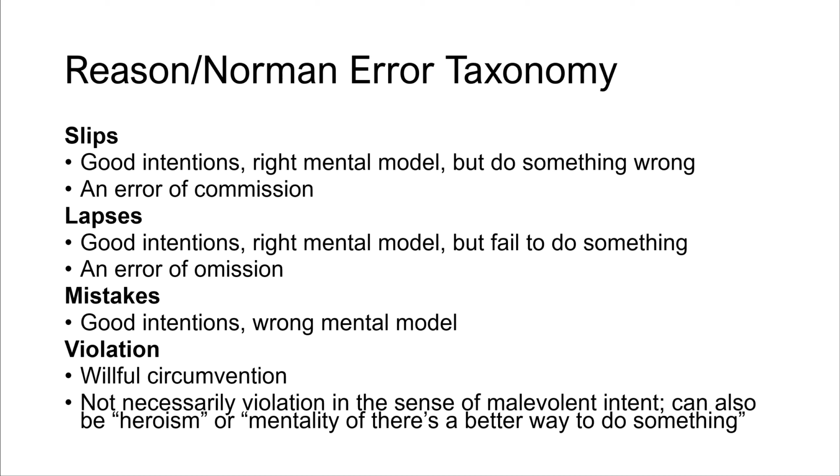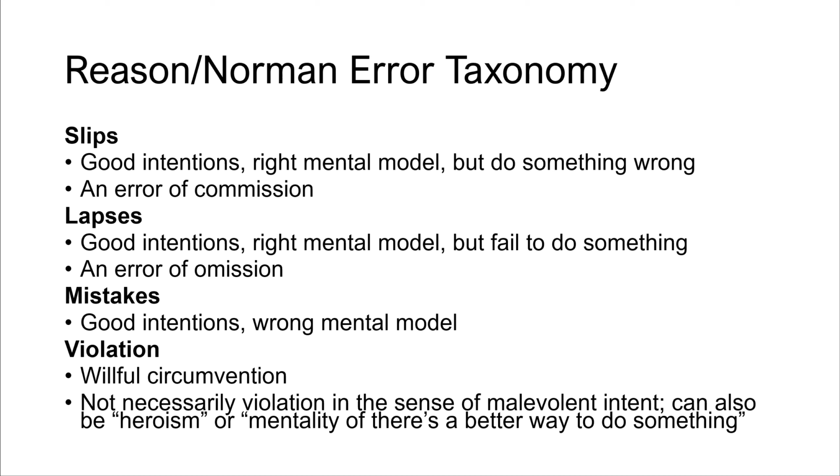So it's an error of commission. You're doing something, but you have the right mental model, so it's not a rule-based error. Again, it prompts that, okay, we know what we've got here, but we need to dig deeper to find the why. A lapse: you have a good intention, the right mental model, but failed to do something. So this is an error of omission. Often this is a memory type concern.